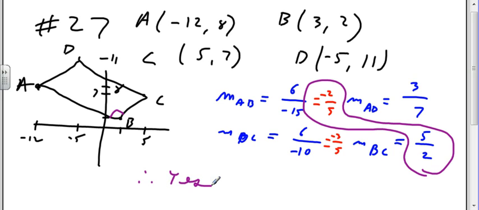Still in chapter 1, still in chapter 1. Chapter 2. Okay, triangles. Pythagorean theorem. Oh, trapezoid.